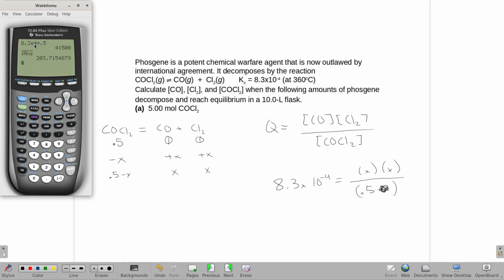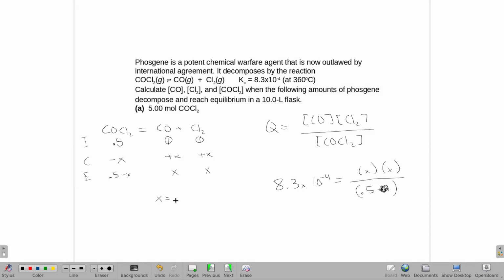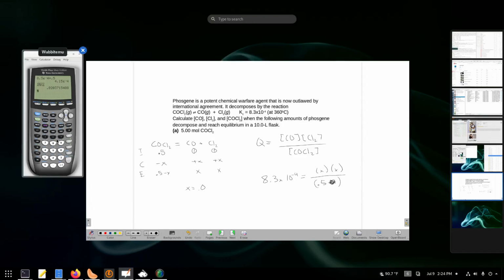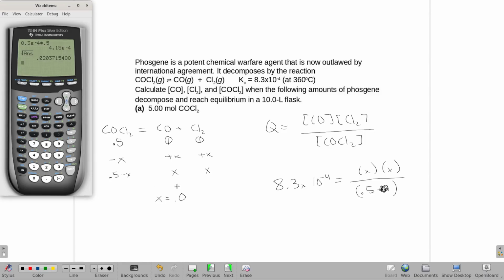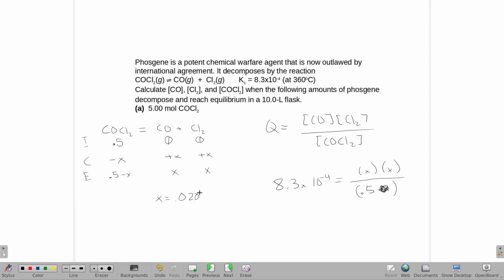Oh, I did 8.3 times 10 to the 4th. 8.3 times 10 to the negative 4th times 0.5. And now I'll take the square root of that. That's a little bit better. Alright, if we do that, our x is 0.0204. Alright, well, is that a safe bet?